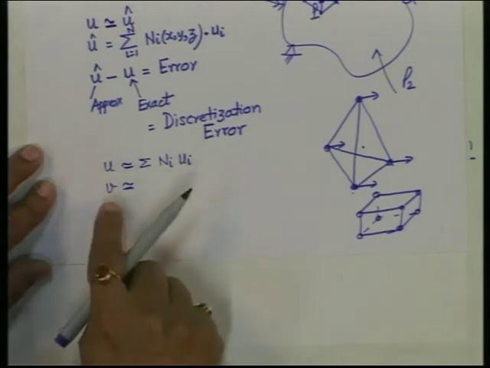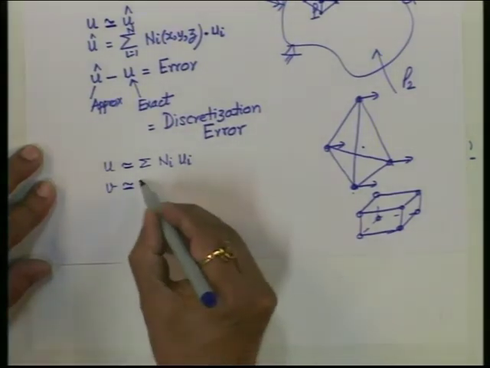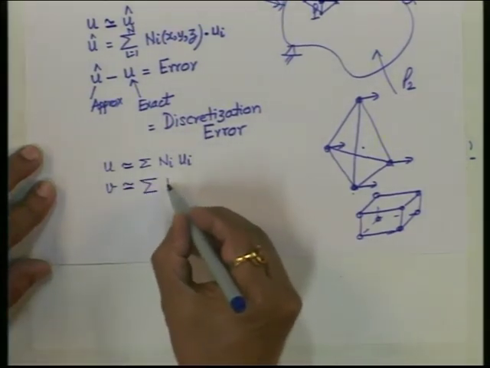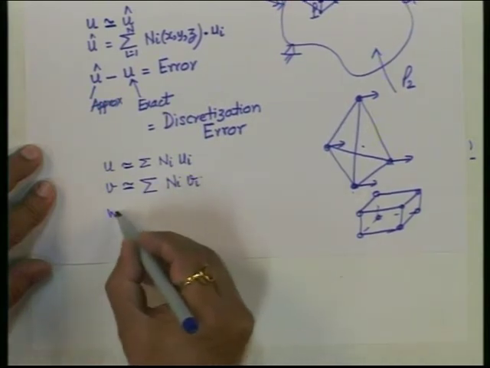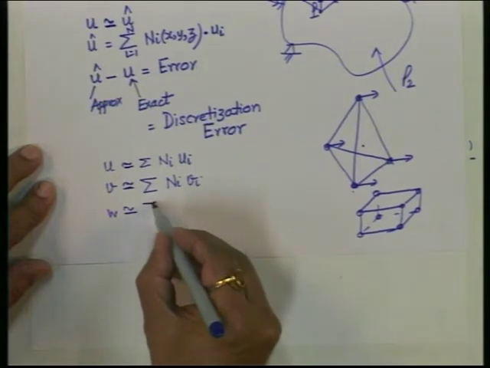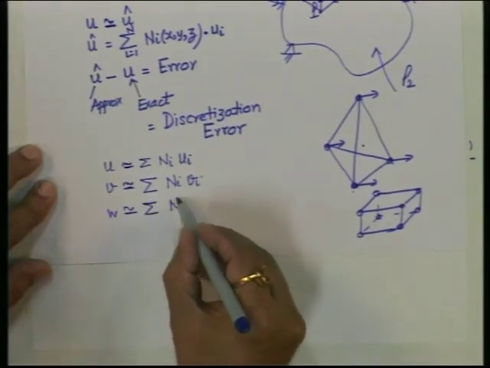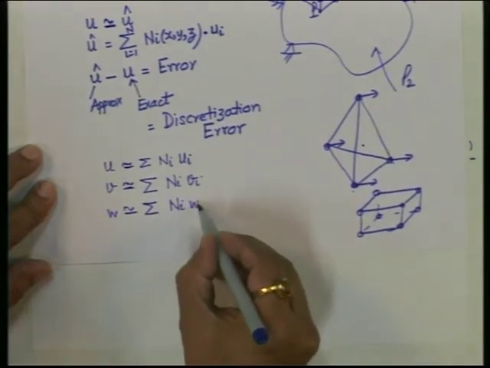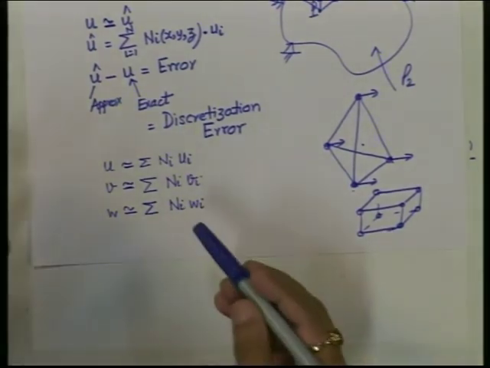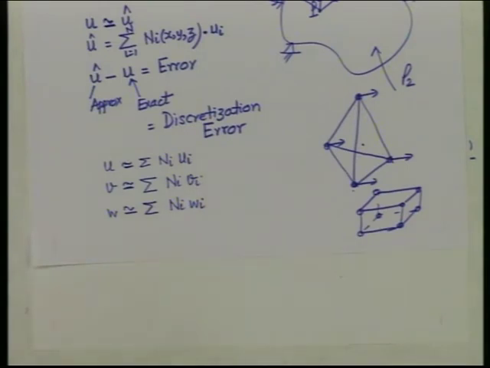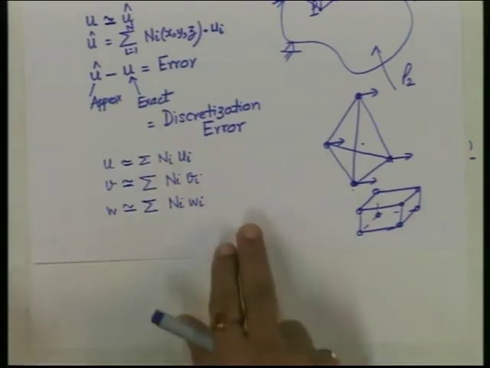If I write u and v, then it must be approximate, sigma N i v i, w equal to sigma N i w i. Now, all these can be written in this initial way, with summation over the number of nodes.